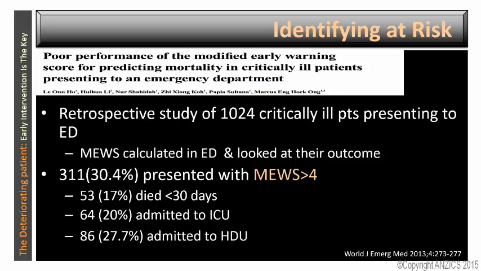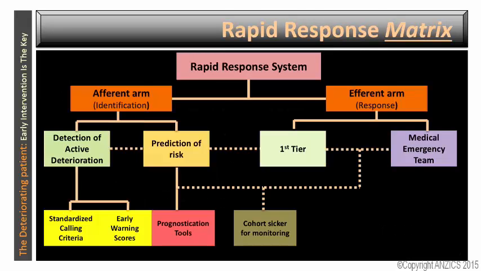We can even look at the MET criteria: if the score is above 4 when they present to the ED, again they have a higher risk of dying and a high risk of admission to the ICU. So you can use simple things, if not complex things.